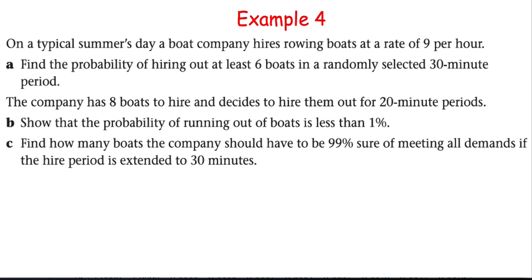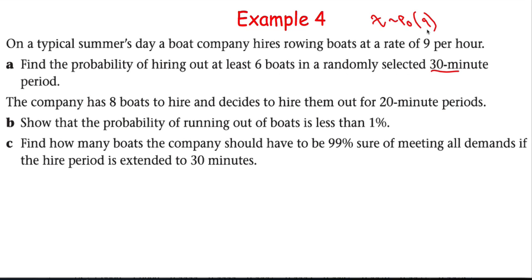So, on a typical summer's day, a boat company hires rowing boats at a rate of 9 per hour. So, currently, we have a Poisson distribution. Remember, per hour, it's a rate. And it's 9 per hour. Find the probability of hiring at least 6 boats in a randomly selected 30-minute period.